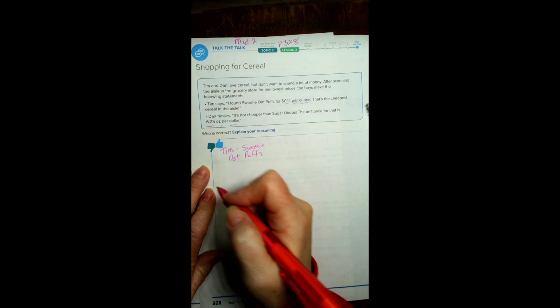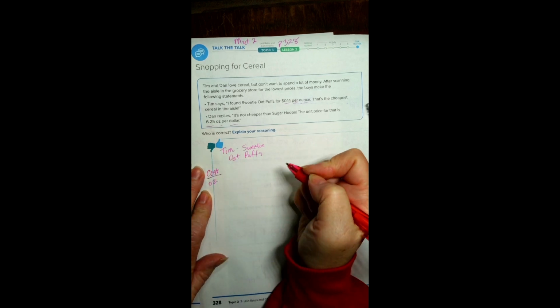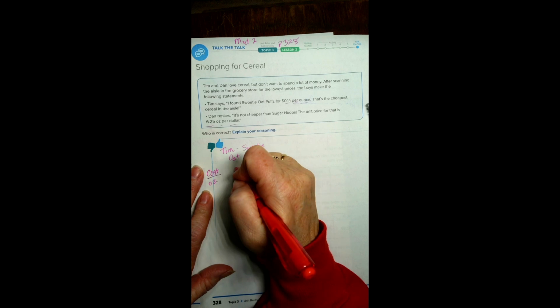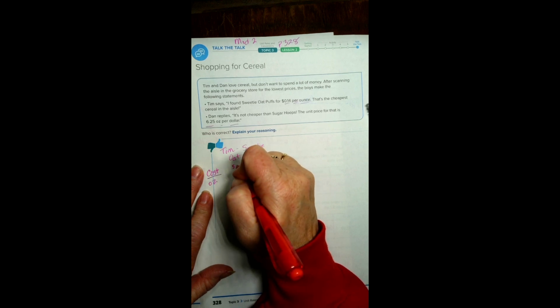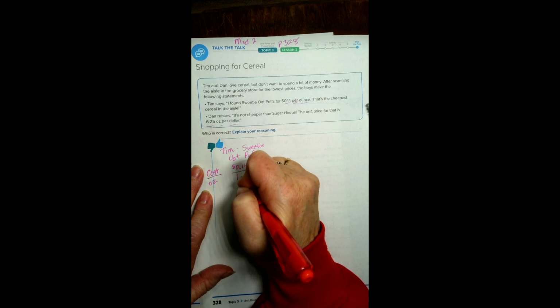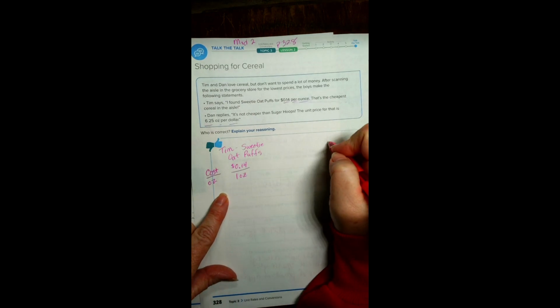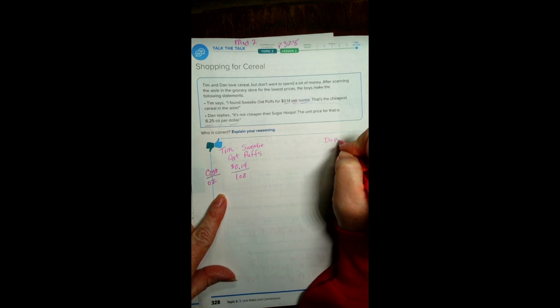And his cost, so we're going to do cost per ounce. His cost was 14 cents per 1 ounce. Okay, so let's actually look at Dan's.